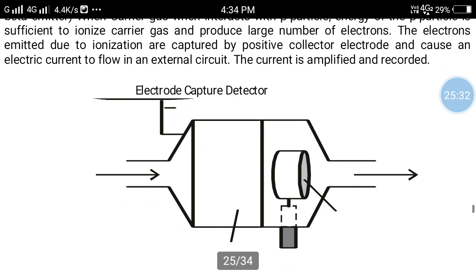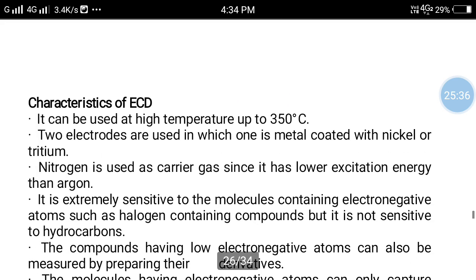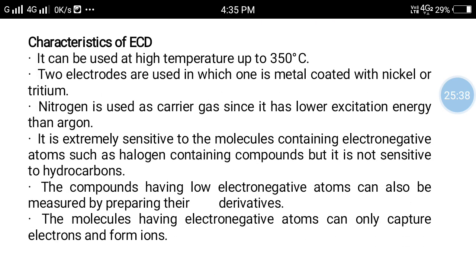This is the electron capture detector. Inside there is a beta source. The characteristics of this electron capture detector: it can be used at high temperature, that is 350 degrees centigrade. Two electrodes are used. One is a small metal foil coated with nickel or tritium. Nitrogen is used as a carrier gas since it has lower excitation energy than argon.